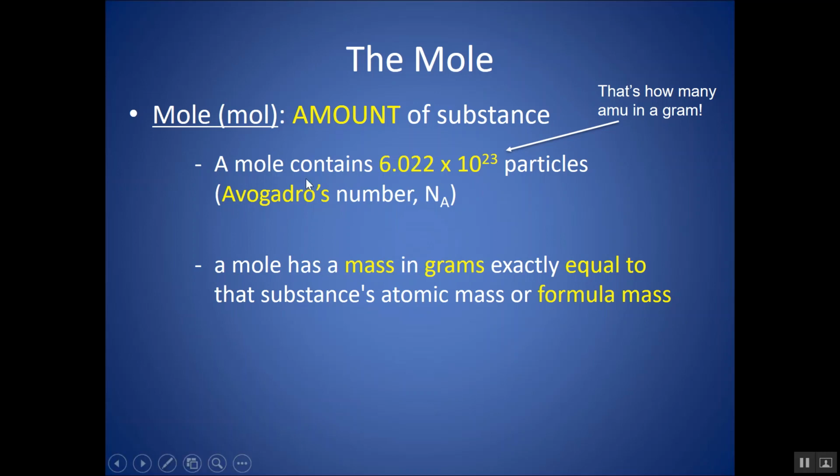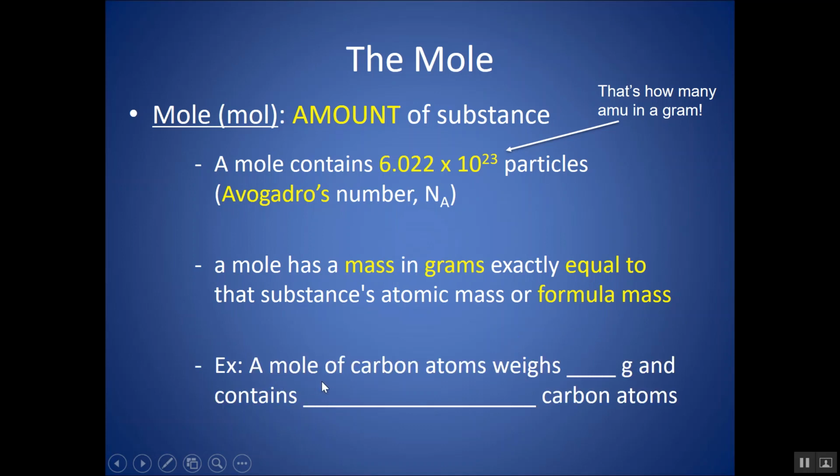So these are 2 points about a mole you need to know. A mole contains 6.022 times 10 to the 23rd things. In this case, we're usually talking about atoms or molecules. And it has a mass that's the formula mass in grams. So for instance, if we're talking about a mole of carbon, if I look up the periodic table, carbon has an atomic mass of about 12.